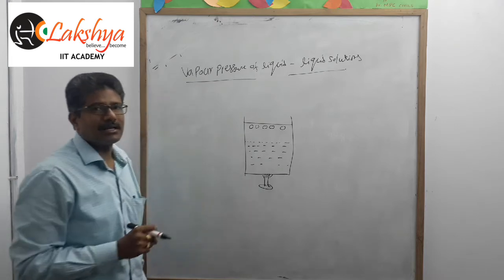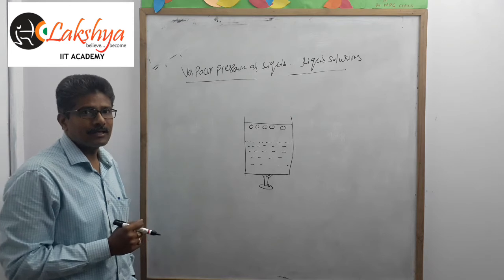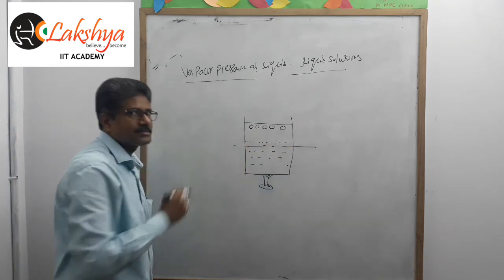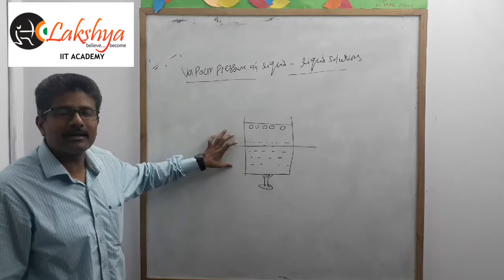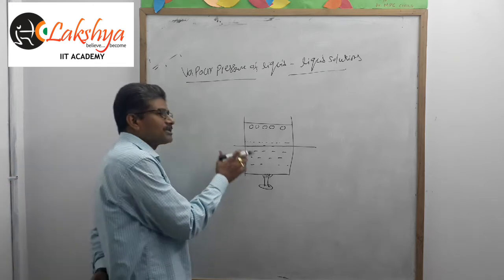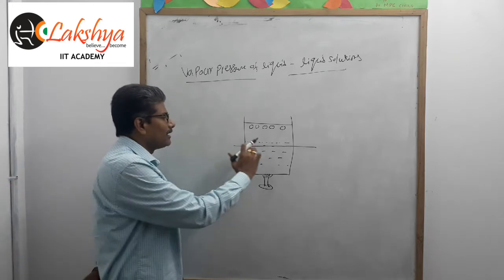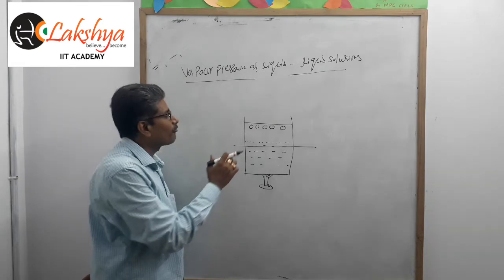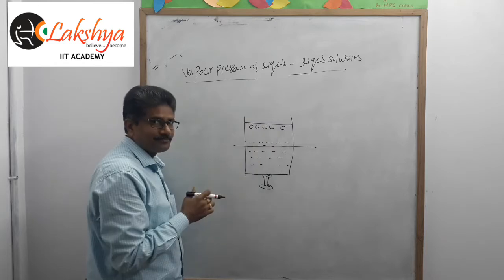During condensation, the level of the liquid increases, but by continuous heating one stage is reached where the level of the liquid remains the same. Why? In that position, the number of molecules changing from liquid to vapor is equal to the number of molecules changing from vapor to liquid.